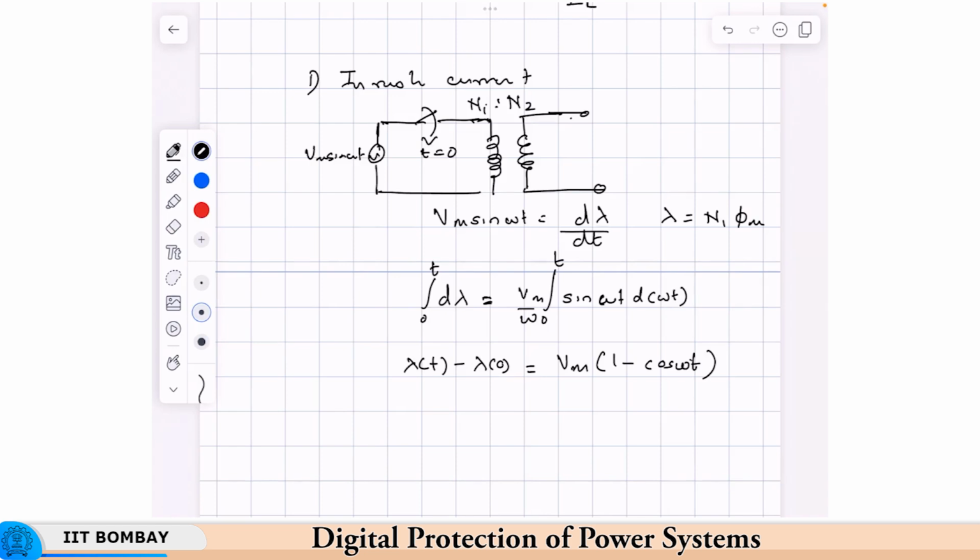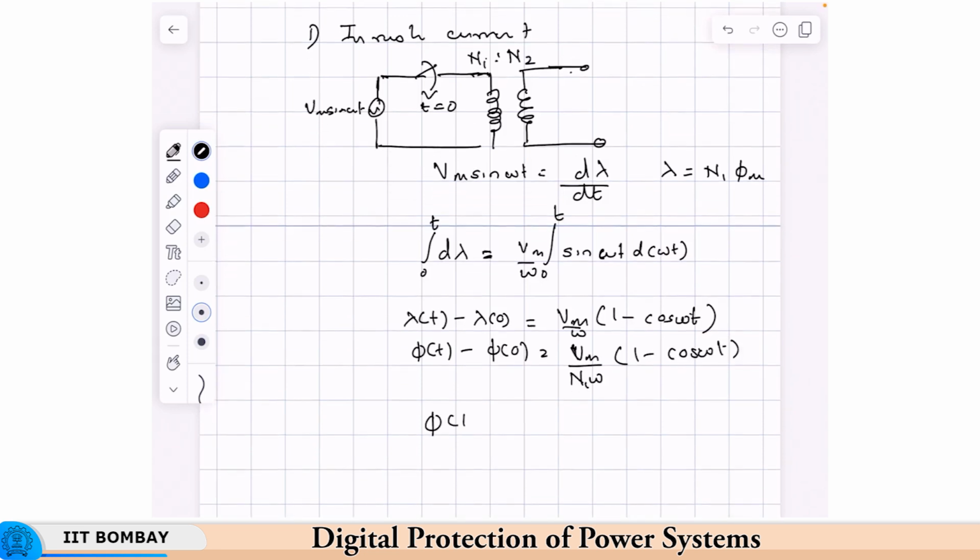If I were to write it in terms of the flux, then I will get phi of t minus phi of 0 is equal to, oh sorry, I missed omega here, Vm by N1 omega times 1 minus cos of omega t. Then phi of t is Vm by N1 omega times 1 minus cos of omega t plus phi naught.